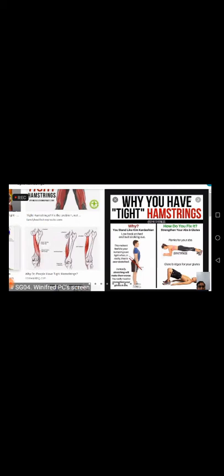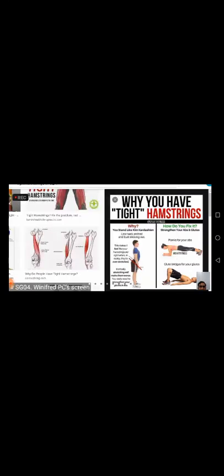Okay, just write tight hamstring in straight leg raise, SLR. Here you can see this tight hamstring in SLR, the third picture here.